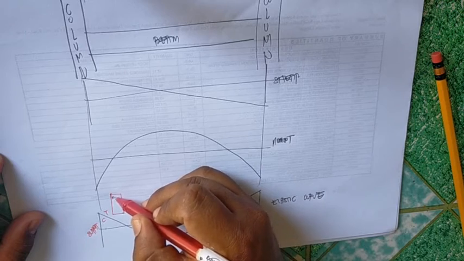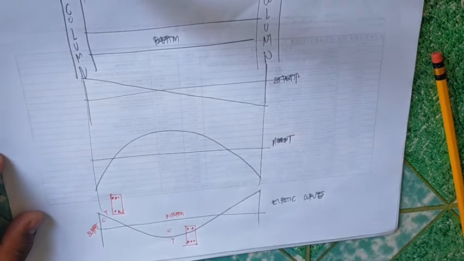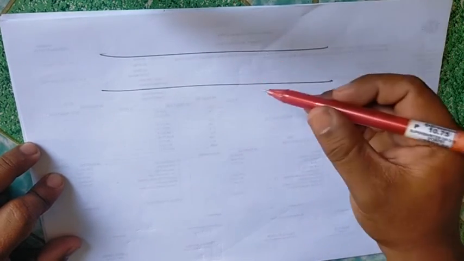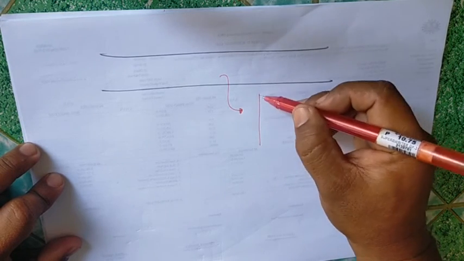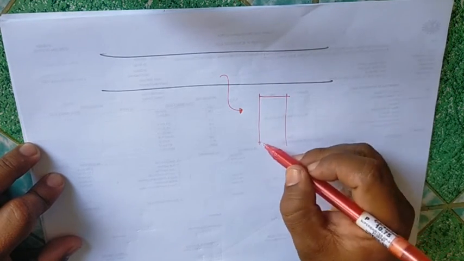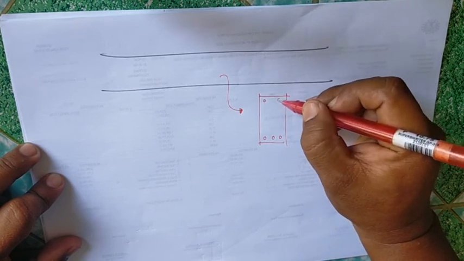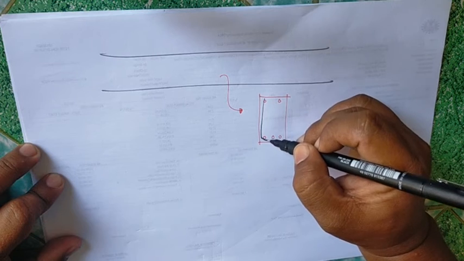You have here 3, you have here 2. So what will be the detail of the beam at the midspan? One, two, three, 1, 2. Then you have here stirrups, or we can say ties.